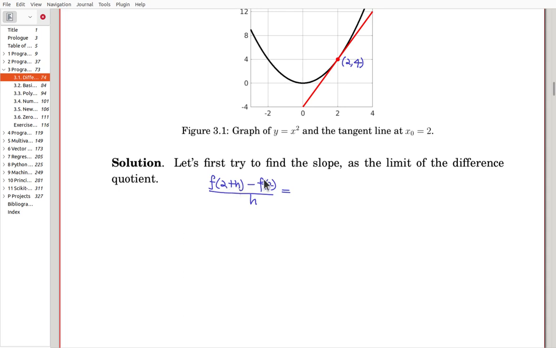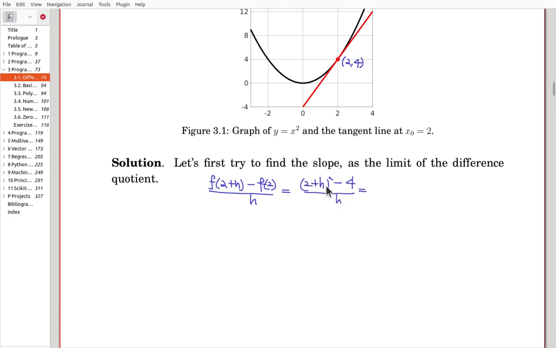Now f of 2 plus h is x squared, so that is 2 plus h squared, and f of 2 is 4, divided by h, right?